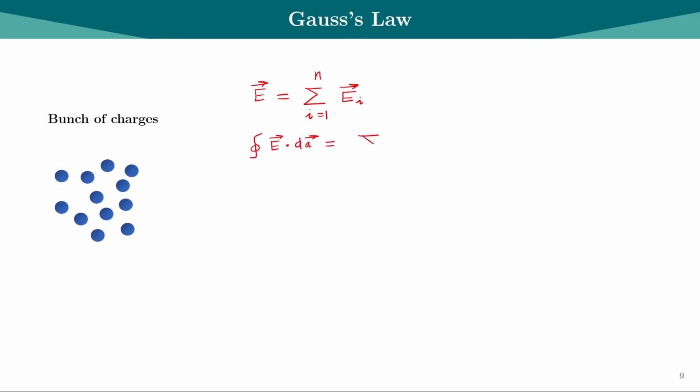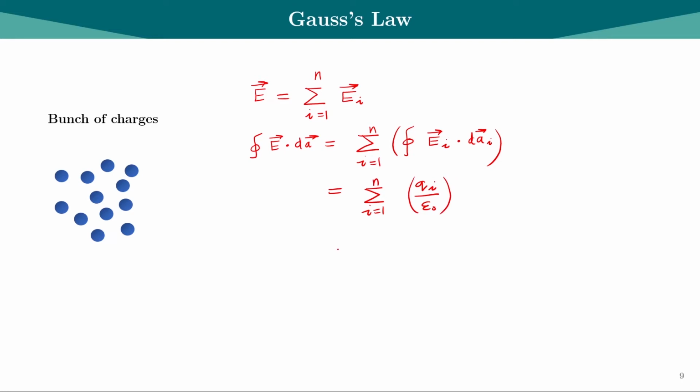So this is equal to the sum over i equal to 1 to n of the contour integral of E_i dot dA_i, and this is equal to the sum over i equal to 1 to n of Q_i over epsilon 0.